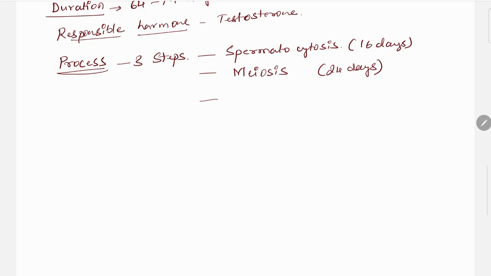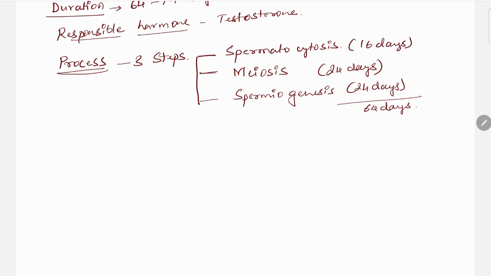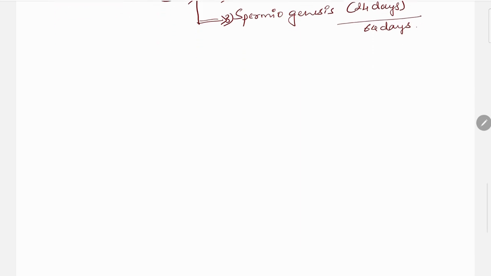And the third step is spermiogenesis. Again it will take approximately 24 days. Total 64 days period is there. Right, now first step, second step and third step. Let us discuss one by one. So we will take the first step, spermatocytosis.